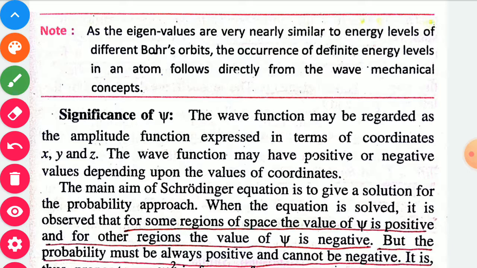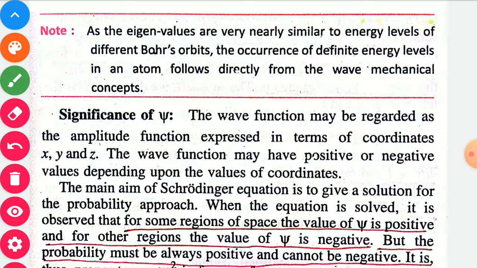The main aim of the Schrodinger equation is to give a solution for the probability approach. When the equation is solved, it is observed that for some regions of space the value of psi is positive and for other regions the value of psi is negative, but the probability must always be positive.